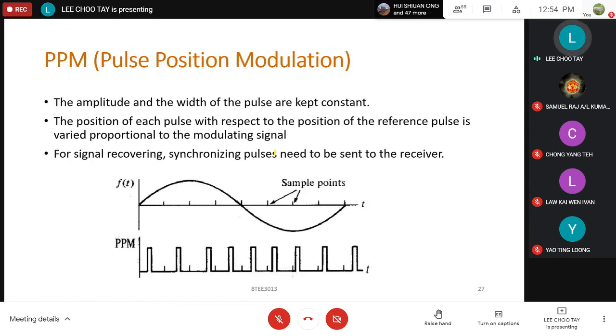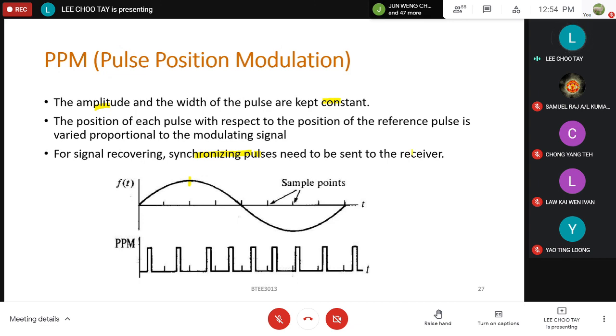And then for PPM, the pulse position modulation, the pulse amplitude and width are constant, where the position of the pulse depends on the amplitude of the modulating signal. To recover this PPM signal, basically you need a synchronizing pulse.